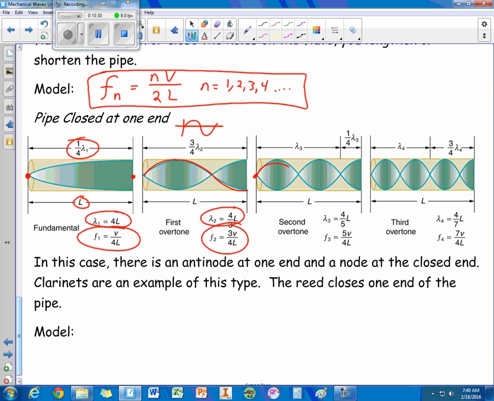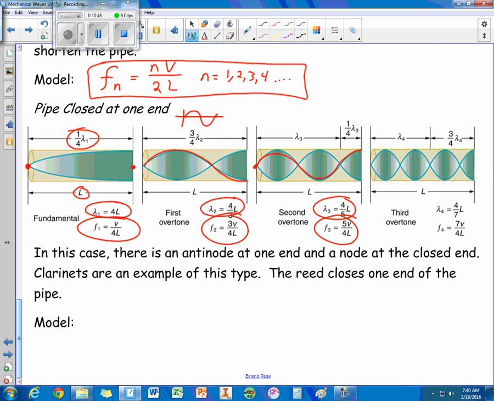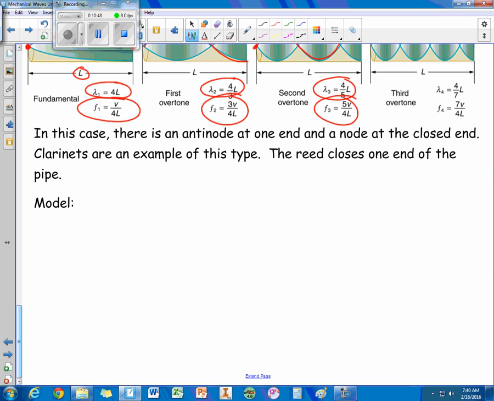So for this one, here's this. I got one complete wavelength and a quarter, 1 1/4. So basically, it's 4/5 of L. So we got that. So this model is a little more complicated to try to figure out. But basically, what it's going to come down to, we always want to take a look at our fundamental.